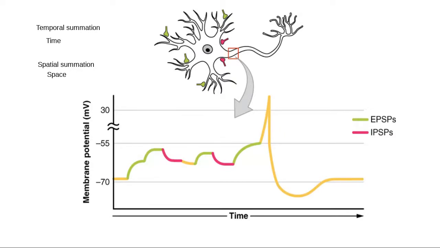Temporal summation, listening to one neuron. That one neuron is sending me 99 text messages. In spatial summation, I am listening to multiple neurons. They're all talking to me at different parts on my dendrites. I'm receiving 99 messages all over the place, like this neuron that we see right here.